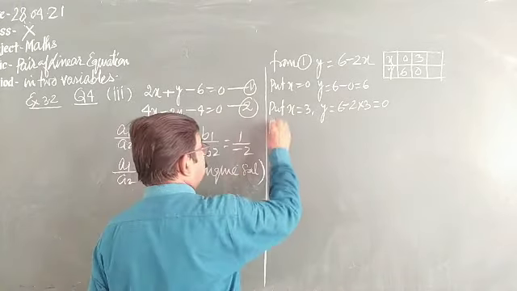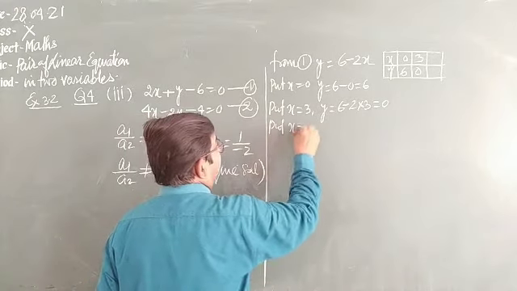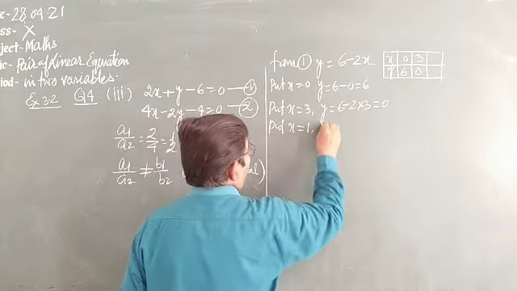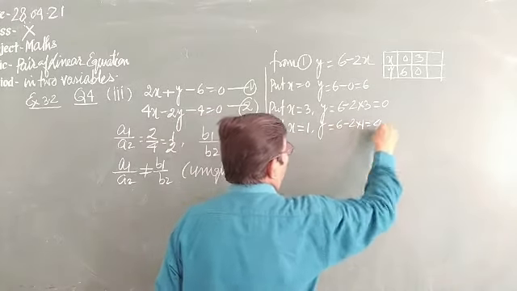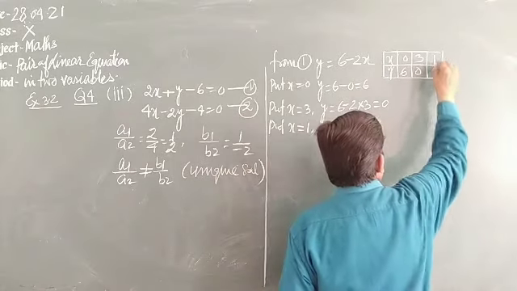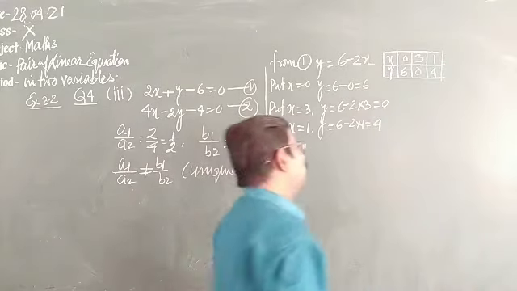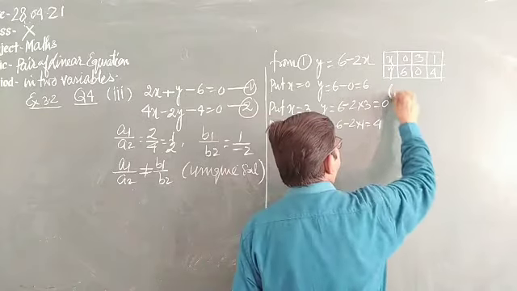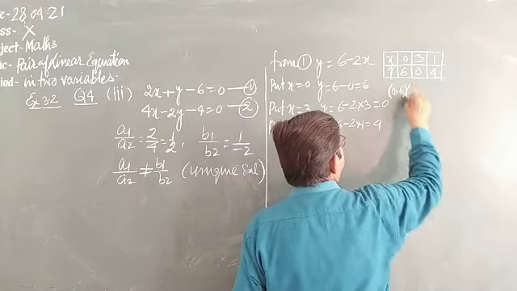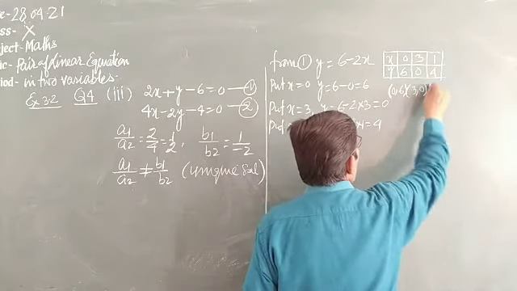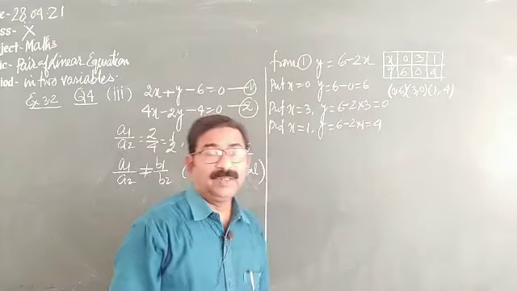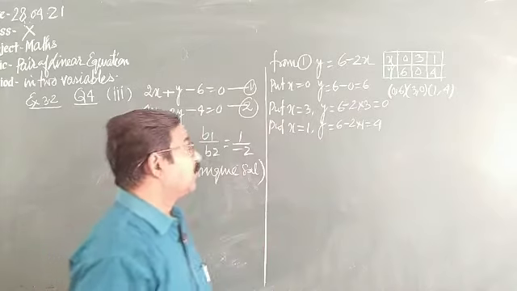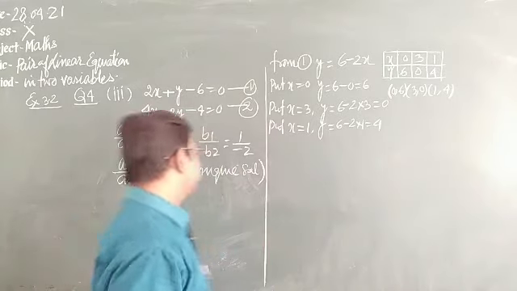Now put x is equal to 1, then y is equal to 6 minus 2 into 1, which is 4. So we have got points (0, 6), (3, 0), (1, 4). We have got 3 points from equation number 1.